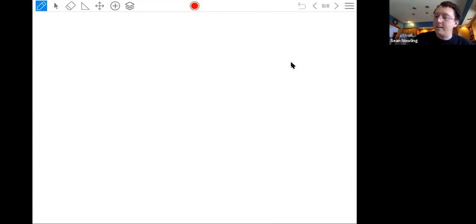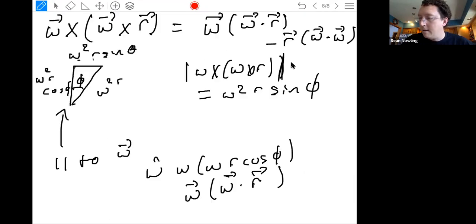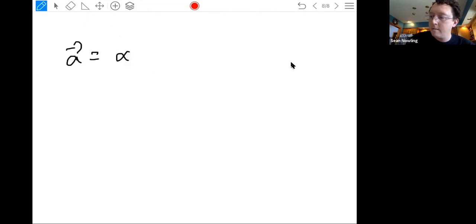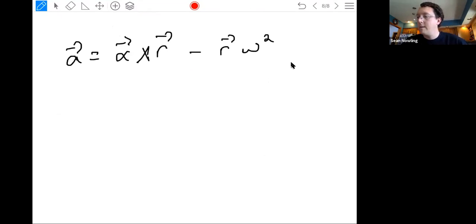I'm going to finally end up with the acceleration being alpha cross r, that's the tangential part, minus r omega squared.